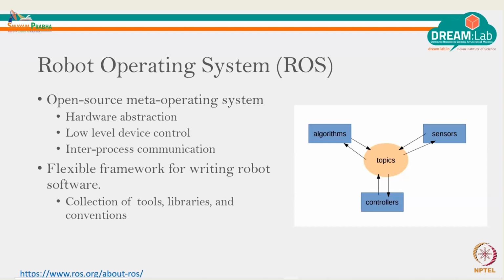It provides the services that we would expect from an operating system, including hardware abstraction, low-level device control, implementation of commonly used functionality, message passing between the processes, that is inter-process communication, and package management. It also provides tools and libraries for obtaining, building, writing, and running code across multiple computers. So ROS has a distributed nature.